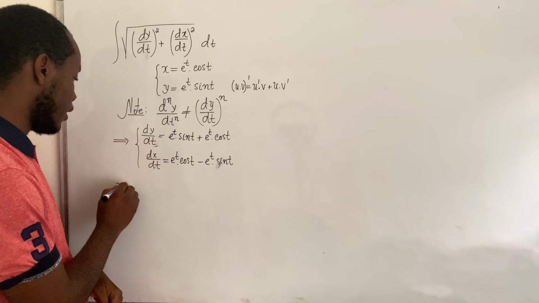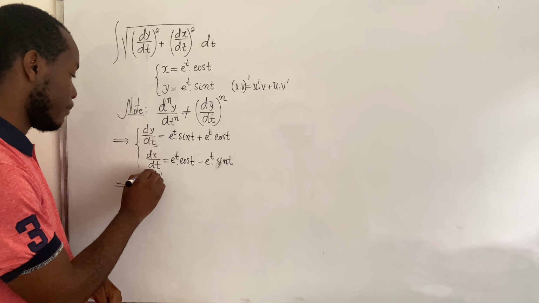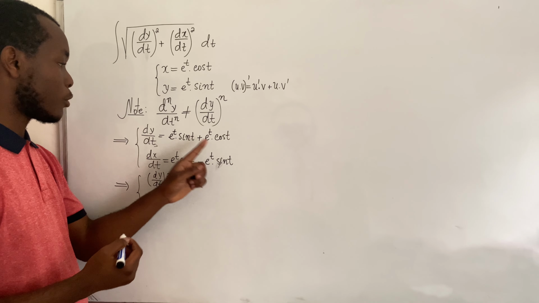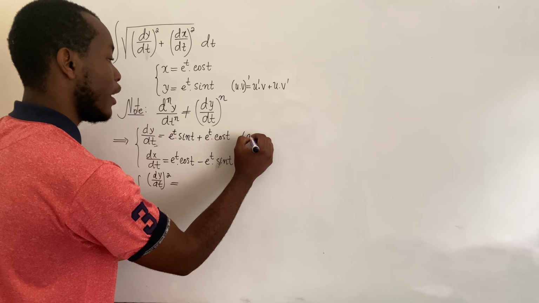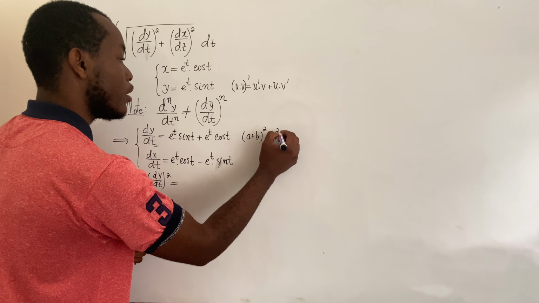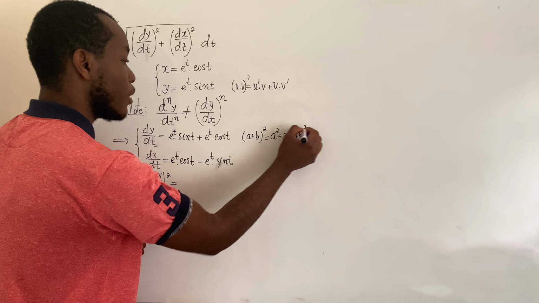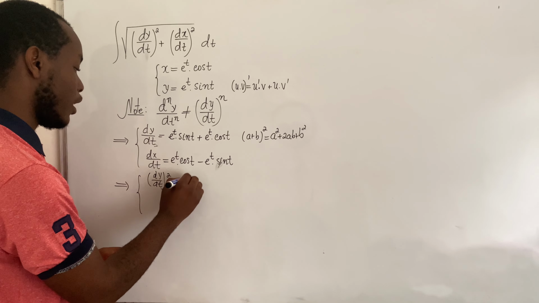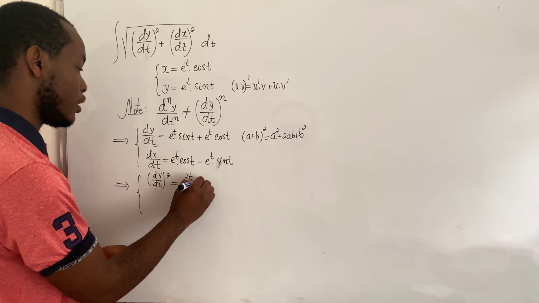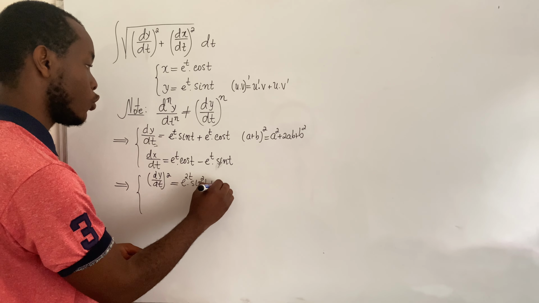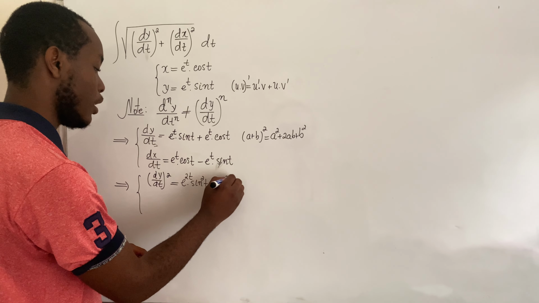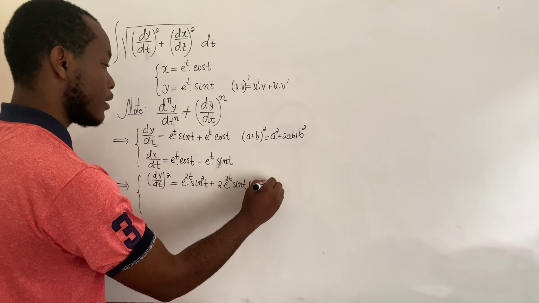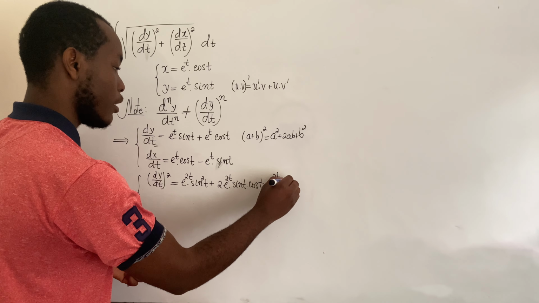So dy over dt squared will be equal to, if we square this expression, we just have to remember that (a plus b) squared is equal to a squared plus 2ab plus b squared. Applying this approach here, this is our a and this is our b. So we have a squared, which is Euler to the power 2t sine squared t, plus 2ab, which is Euler 2t sine t cos t, plus b squared, Euler 2t cos squared t.